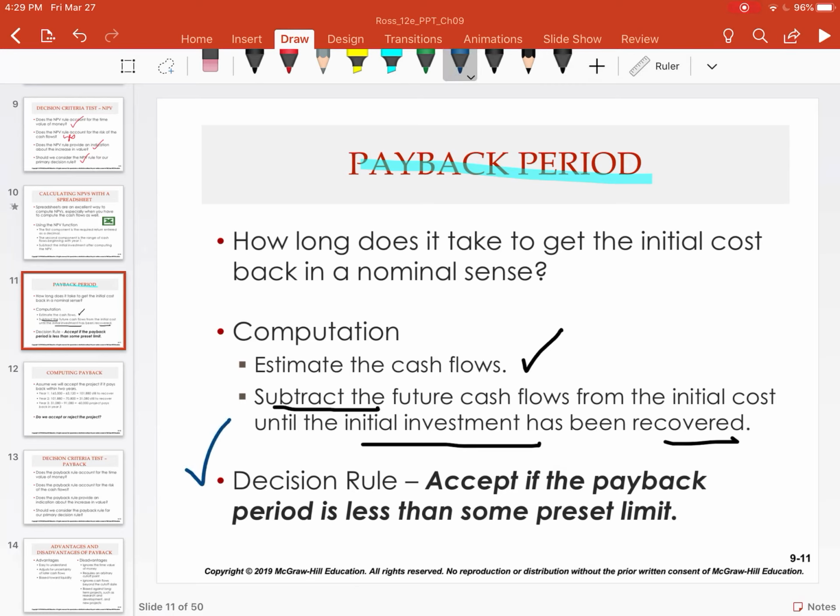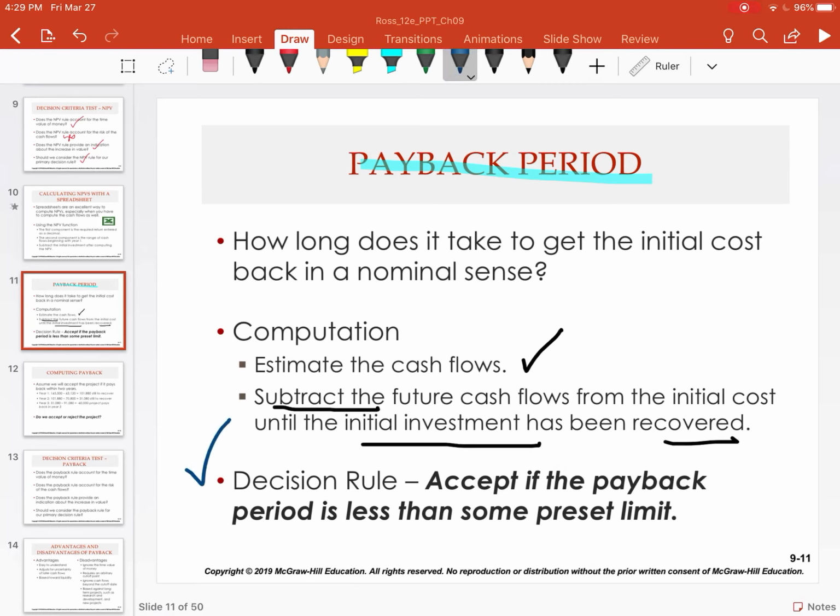So the firm is going to say, we're only going to invest in projects where we recover our investment within 5 years, or maybe within 3 years, maybe it's longer, maybe 7 years. So the payback rule's accept or reject is based on that payback period being met by our analysis of the project.